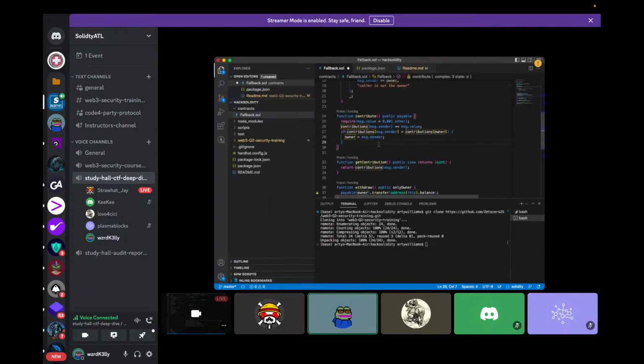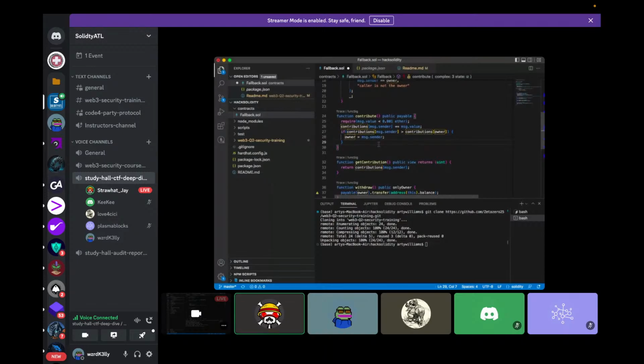What was the next step in your thought process? I can only send less than 0.001 ETH. In order for me to gain the contract, I need to contribute more than 1,000 ETH, right? Yes. Okay.